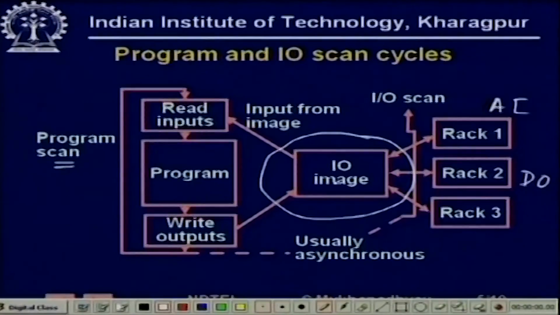Okay. While the main PLC program scanning actually reads the inputs from this IO image, and whenever it produces outputs, it also writes to this IO image, and then finally they get transferred to the racks. So this is how the basic activities go on in a PLC.